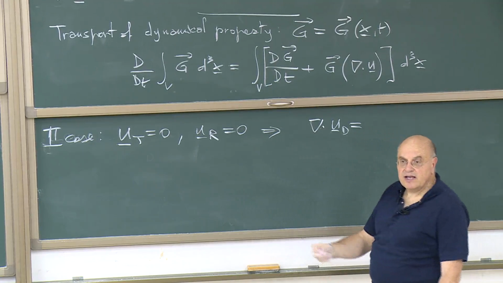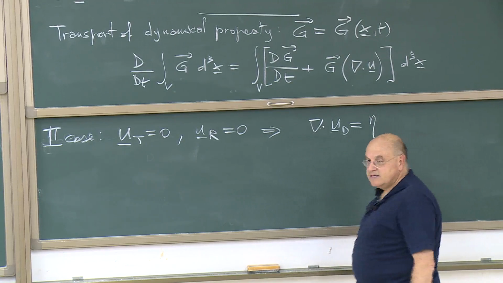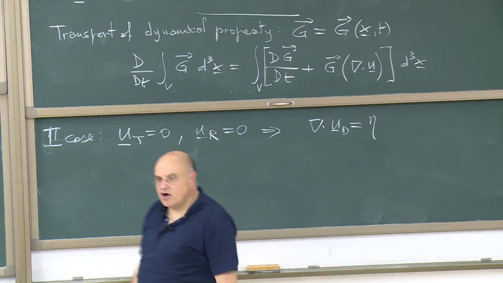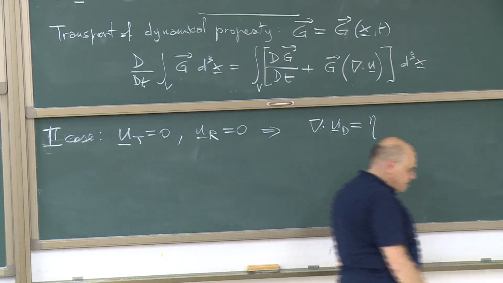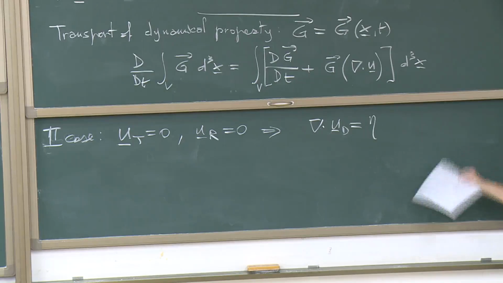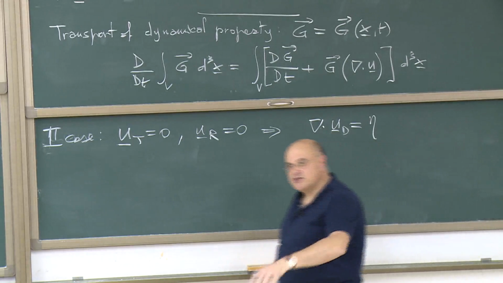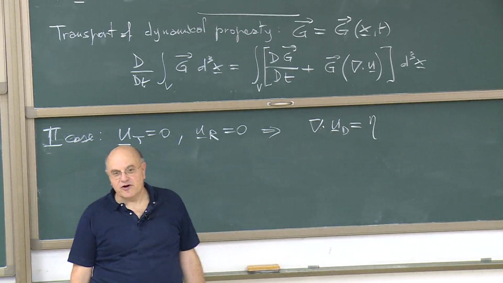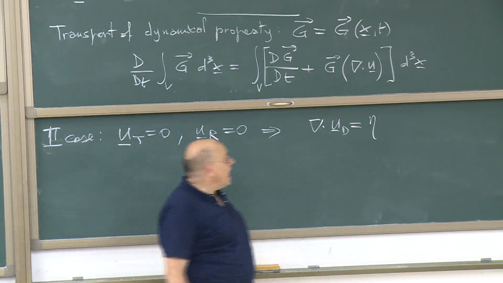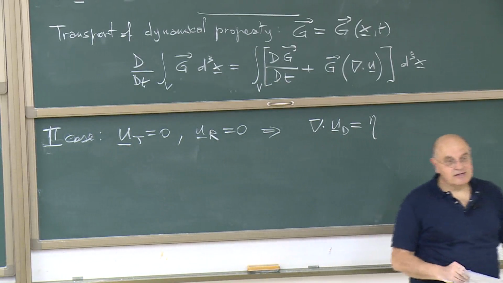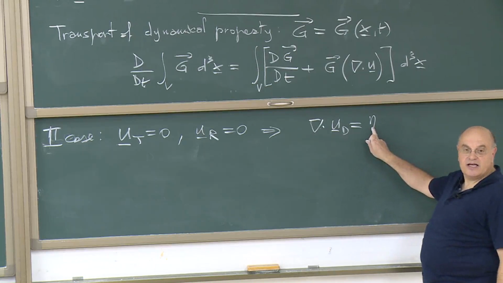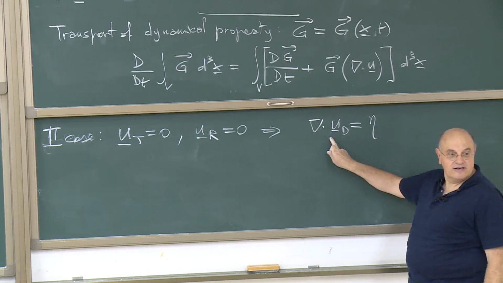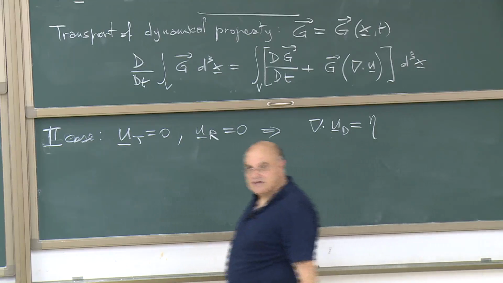Divergence of this field, well, I can use a letter, say eta. Oh, you know this. You know this much better than me. And I now push you in another direction, very far from fluids, and not so far. Electrons. Yeah, electrons. There is an electron here, so there is a charge. Right? That's it.